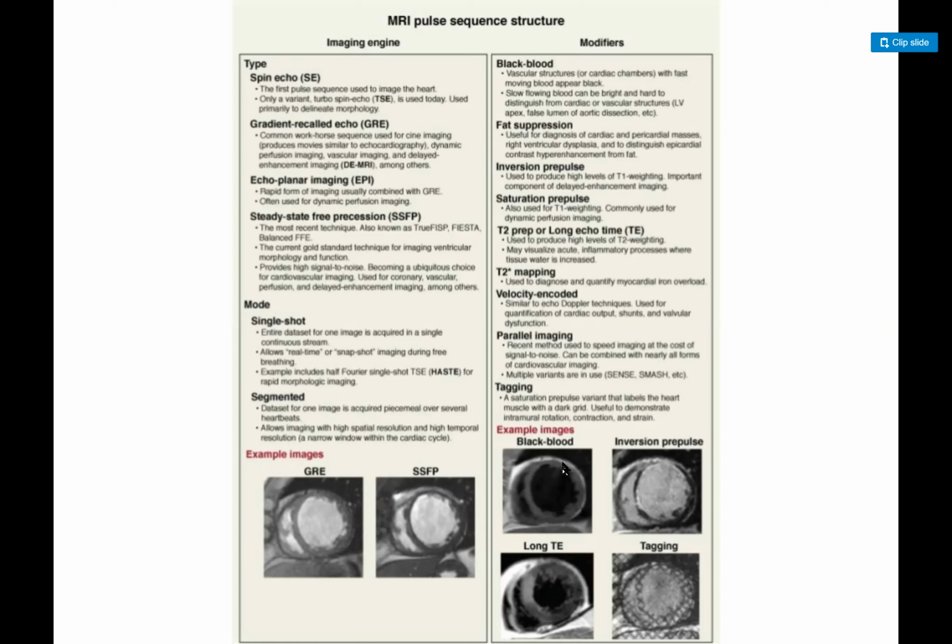So what we do is we give another RF frequency, and what it does is it makes the fat change into a blackish color. So in fat suppression imaging, especially we do it in the T2 weighted images, you can distinguish between edema, water, and fat. Because the fat will turn black and edema will still be white.